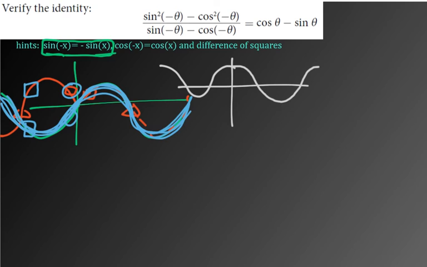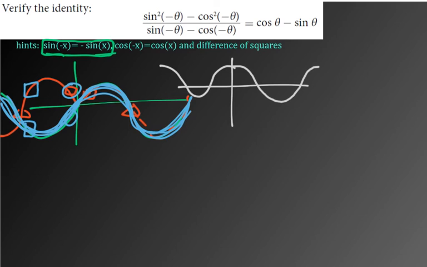You can see that the negative in here basically doesn't affect cosine. It's symmetric, and this is really what it means to be an even function. But anyways, that simplifies really nicely. If you ever have a cosine of a negative angle, it's just equal to the cosine of the positive angle, which is a nice thing to know.